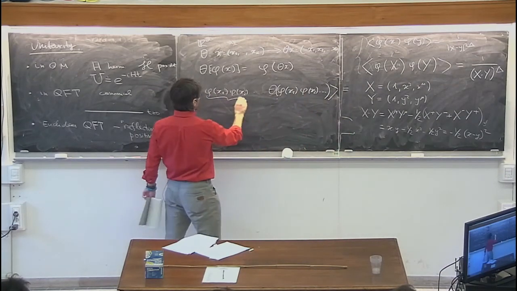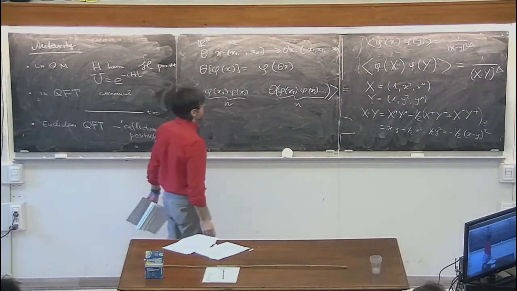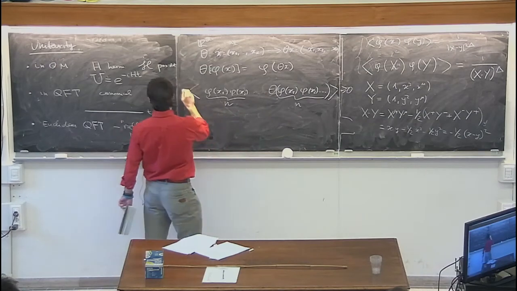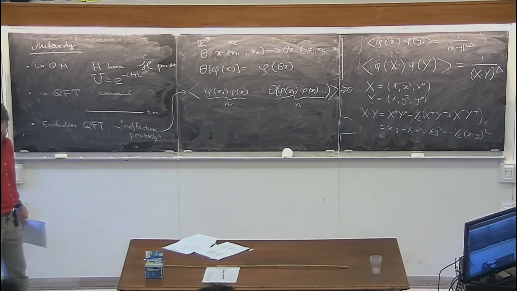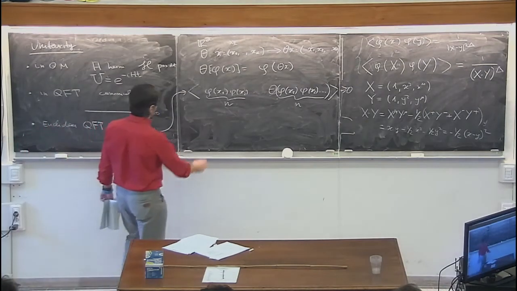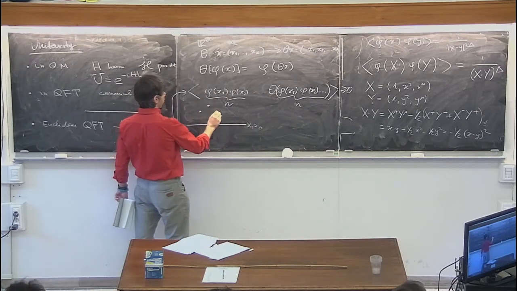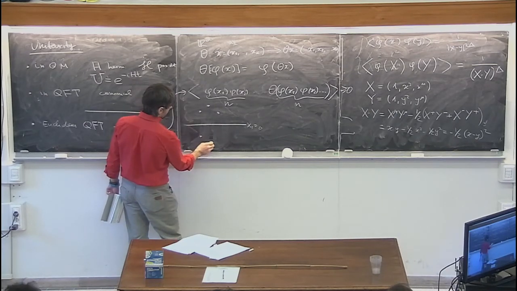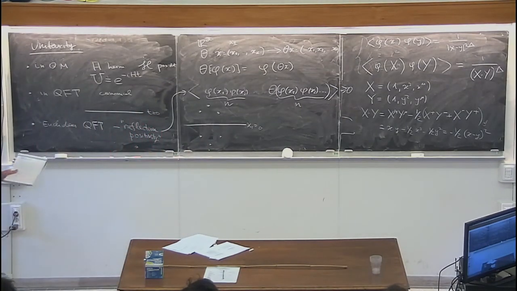Here I have n fields, and here I also have n fields, so it's a 2n-point correlation function, an even number of fields. Such a correlation function is always non-negative. This is the definition of reflection positivity. So I have a plane x1 equal to 0, and I insert a bunch of points above the plane and the same number of points below the plane at precisely mirror positions, and this has to be always non-negative.